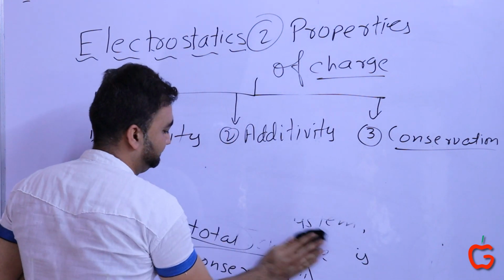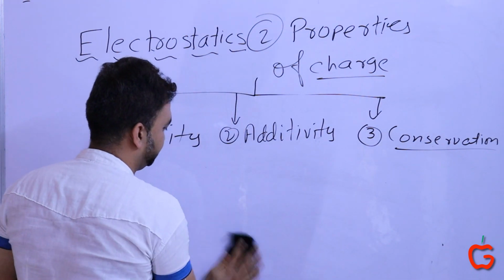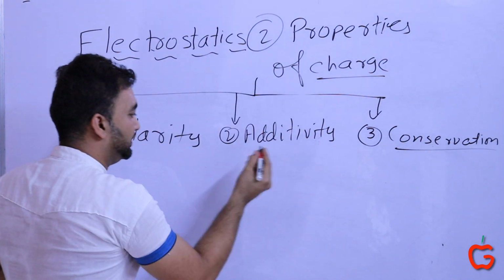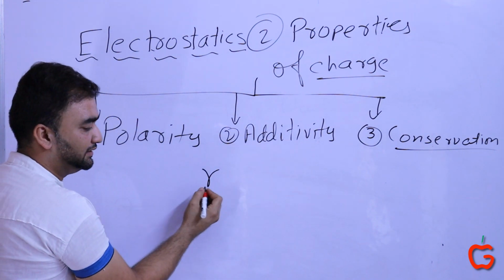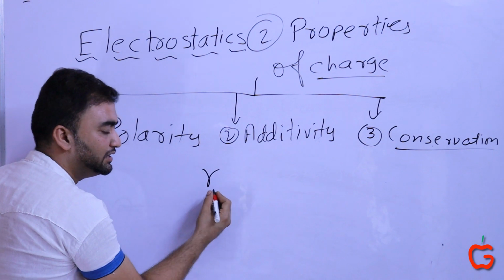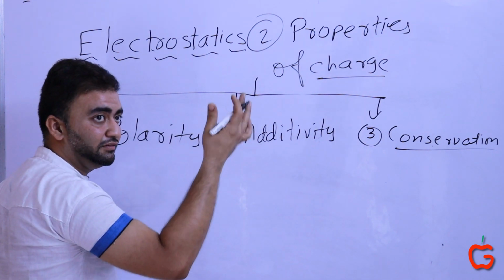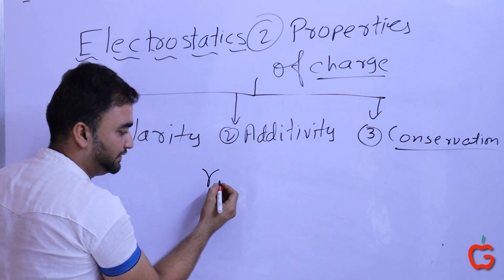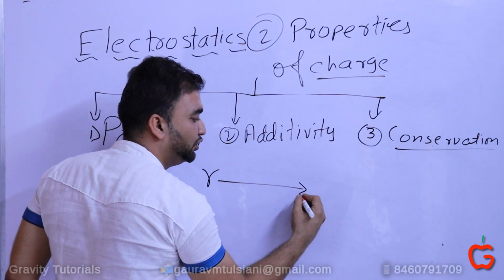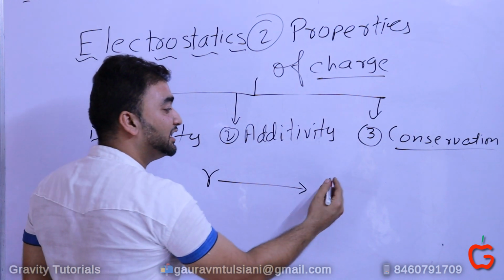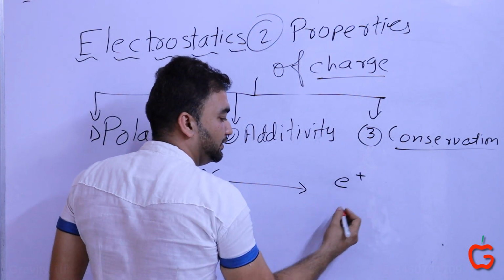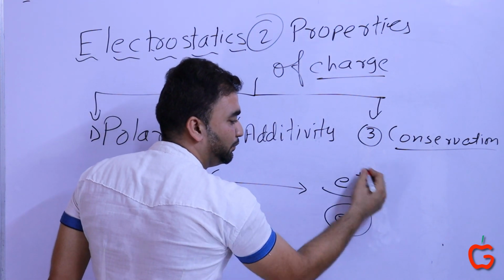Let's see an example here. A very common phenomenon of nature, light. This is the symbol for gamma rays. Gamma rays are essentially electromagnetic waves coming from the sun or elsewhere. So gamma rays do get converted into matter. Gamma ray is pure energy. It does get converted into an electron and a positron.